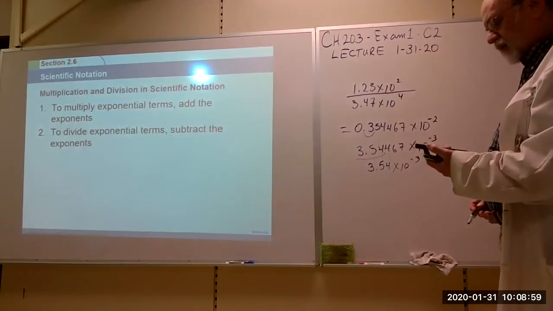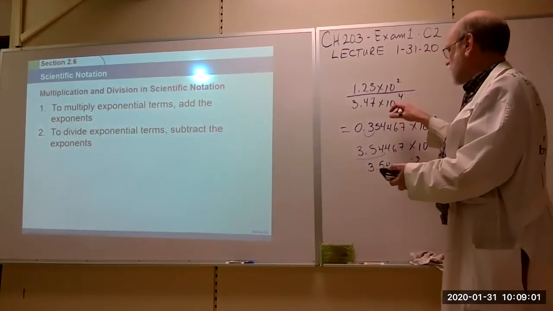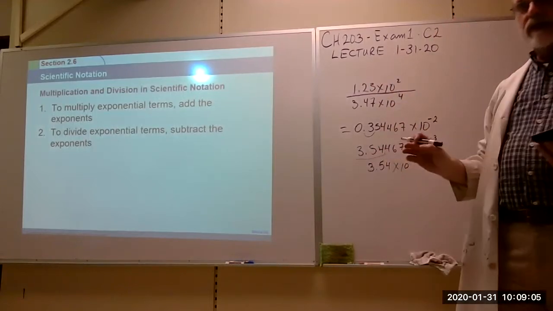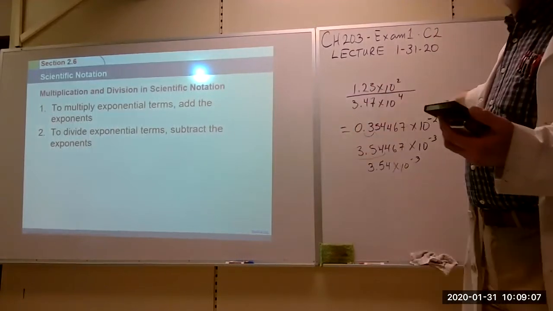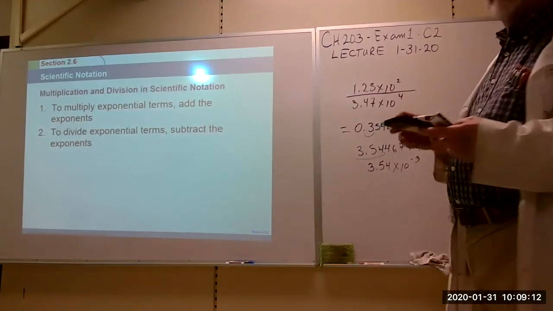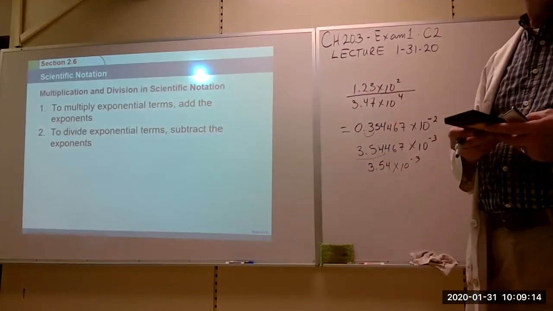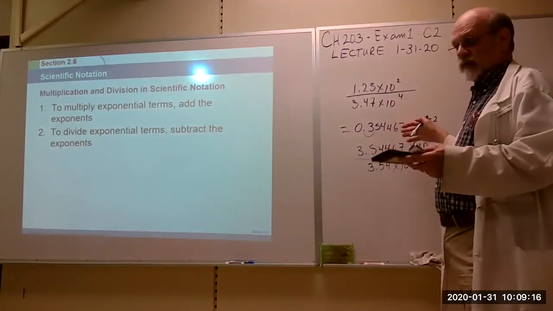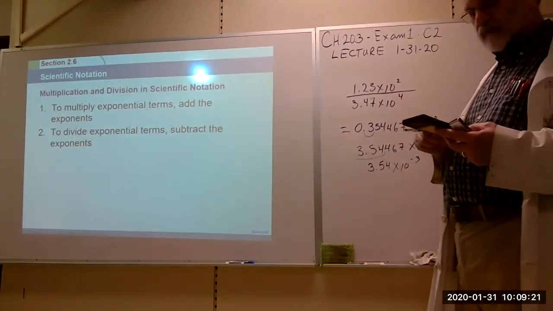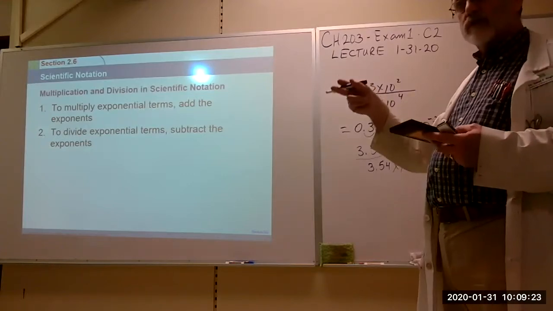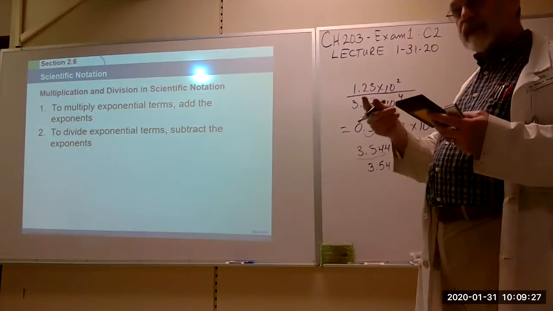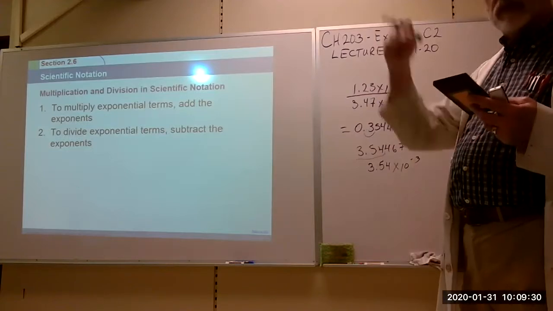Now, that's if you do it one section at a time. But your calculator will do all that for you. All you have to do is know how to input exponential or scientific notation. Most calculators have a button for powers of 10. I don't know what it'll be on yours. Mine's just an E, and that means exponent.